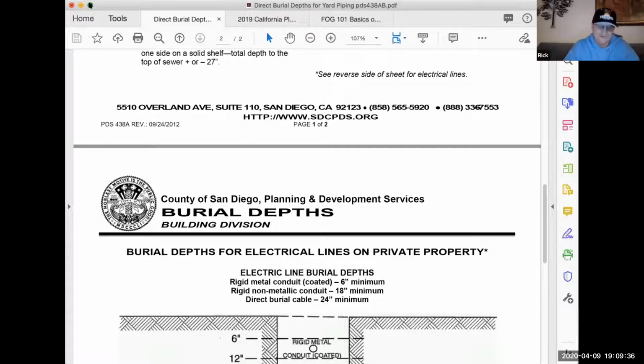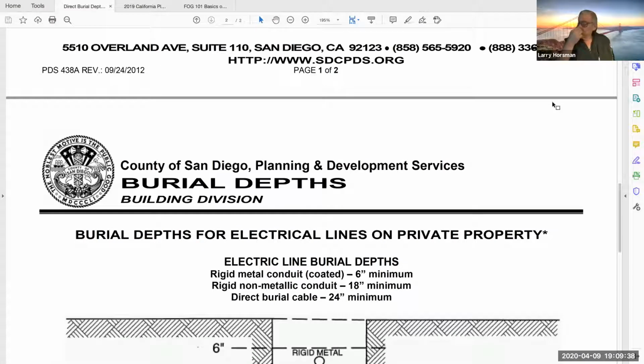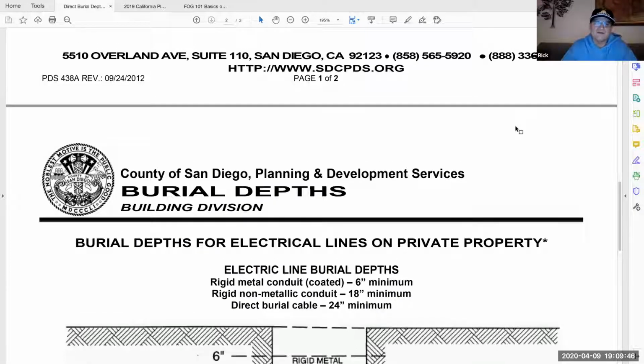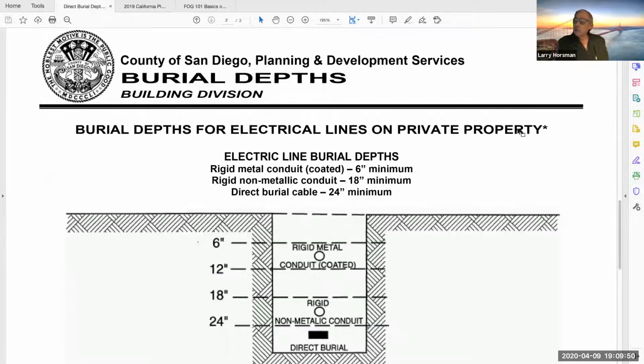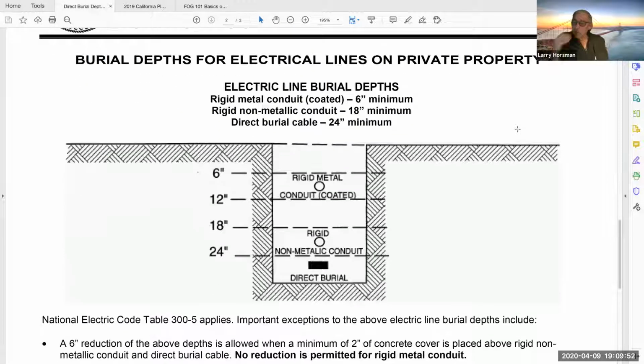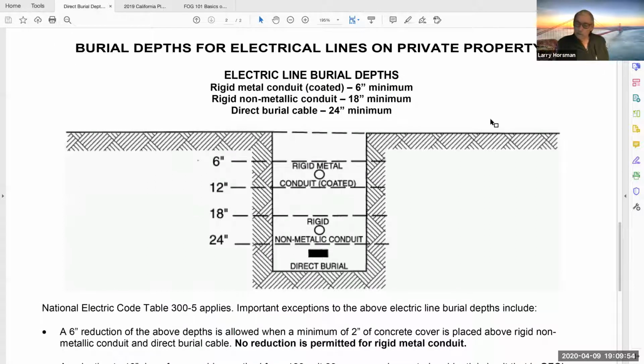So this is the one I will be sending you if I haven't sent it to you already. Yeah, you haven't sent that yet. This was for electrical. This takes that information out of table 300-5 of the electric code, so that's for electric line burial depths.